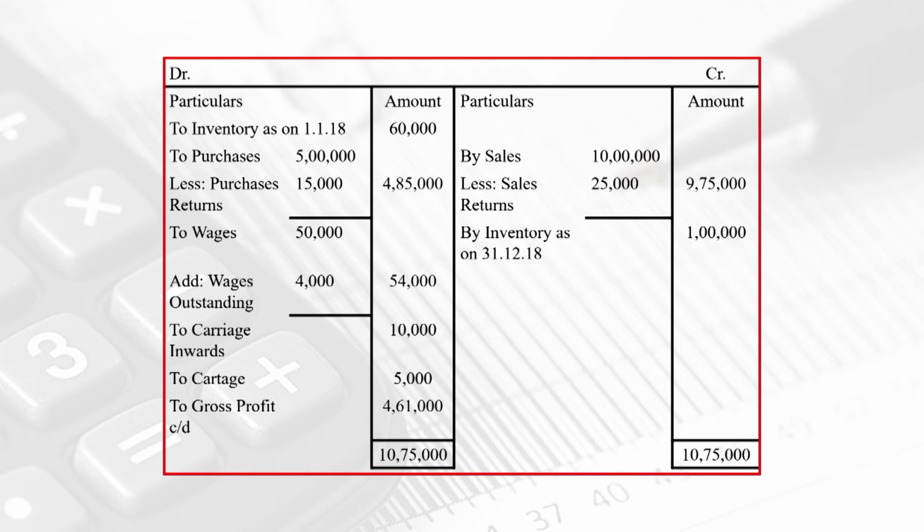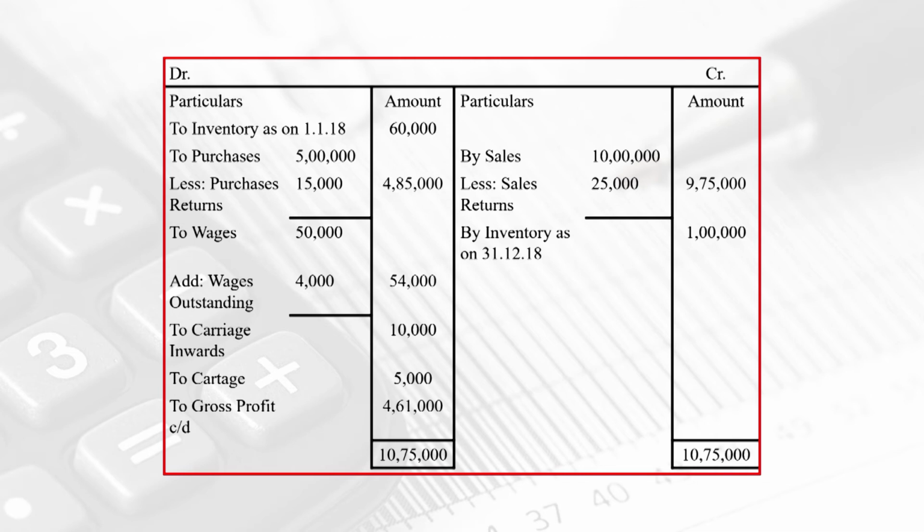So either we can subtract the amount of purchases returns from the purchases, and then show the net amount of rupees 4,85,000 in the debit side of the trading account, or we can show the total purchases of 5 lakh in the debit side of the trading account, and this amount of rupees 15,000 purchases return in the credit side of the trading account. So both are one and the same thing. Students can treat it as per their own convenience.